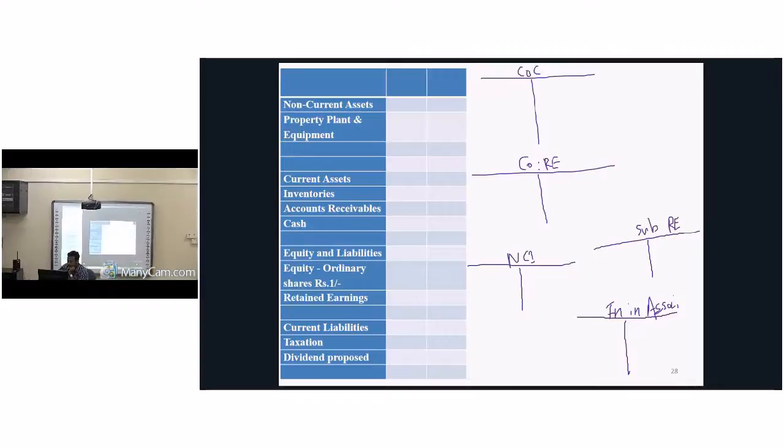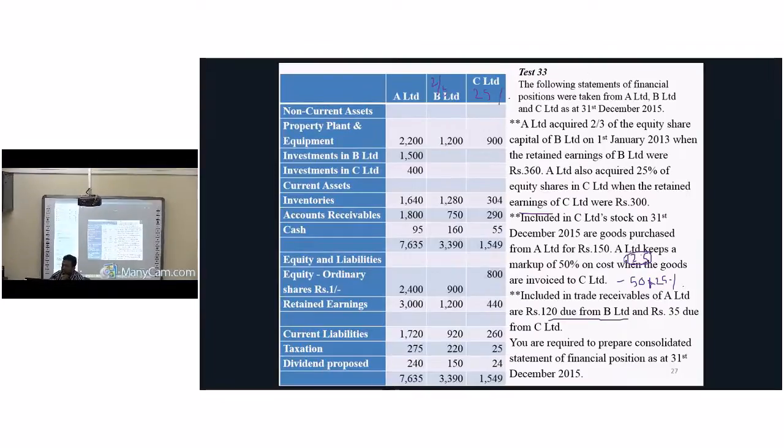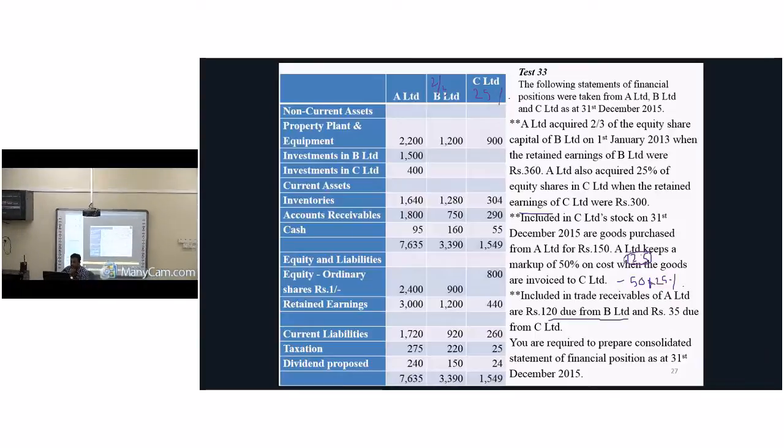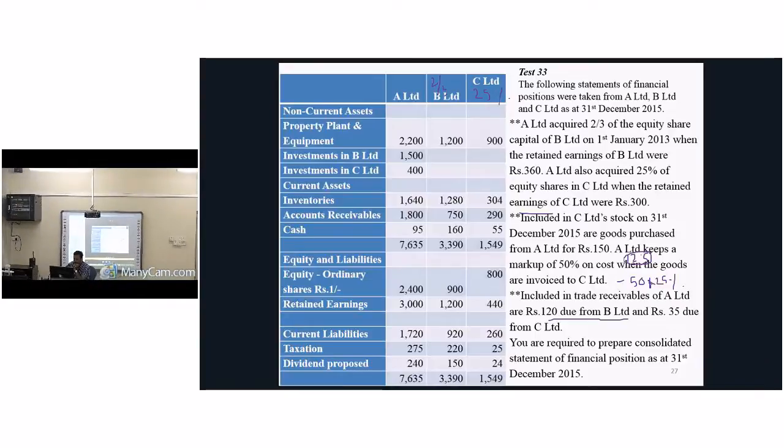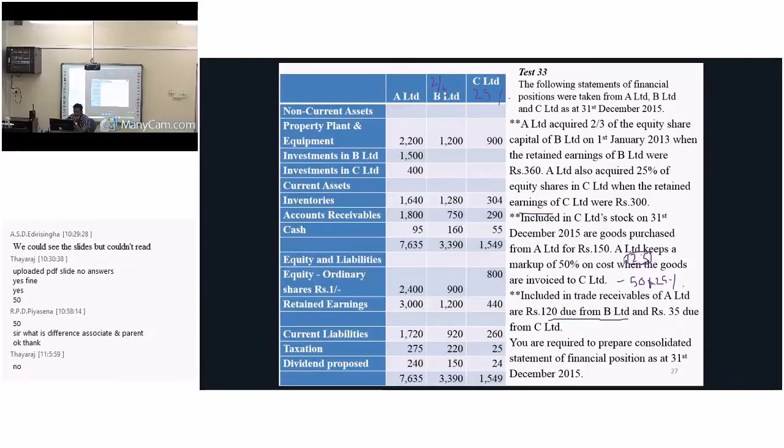First line, property, plant and equipment. Is there any adjustment for property, plant and equipment in this question? There is no adjustment relating to PPE. Therefore, we take only these two columns. I told you investment in associate is not consolidated.